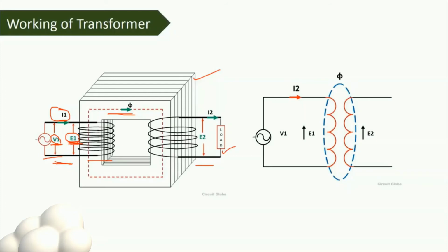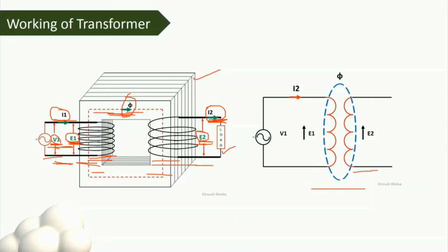Generally, in the transformer which we use for laboratory purposes, the number of turns on the input side is more than the number of turns on the output side. That means it depends upon the laboratory requirement. We keep the output voltage and we design the circuit accordingly. We keep the number of turns accordingly.